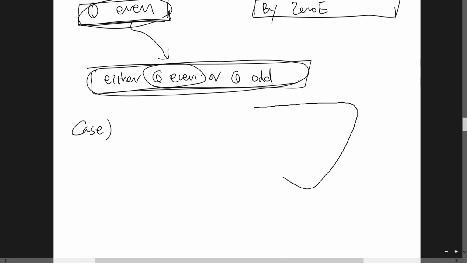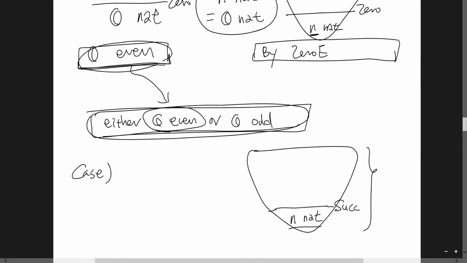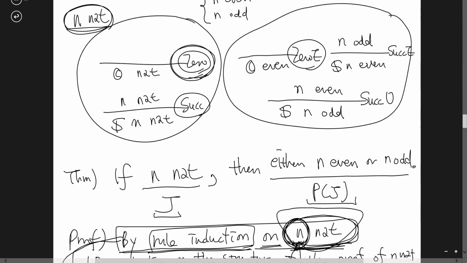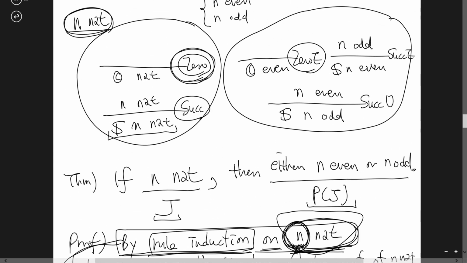So we have this derivation tree where the root of the derivation tree is n net. But now we are analyzing the structure of this derivation tree, and the last inference rule is actually this rule, successor rule. And then you compare the form of judgment here against the judgment shown over here.